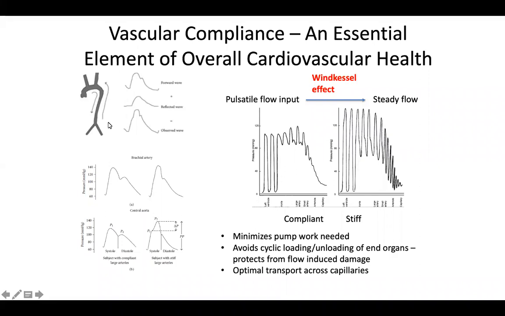Now, if you have a very compliant vessel, this return wave actually reaches the heart only when systole is complete and the valve is closed. However, if the material gets too stiff, this return wave can reach the heart much earlier and during systole.